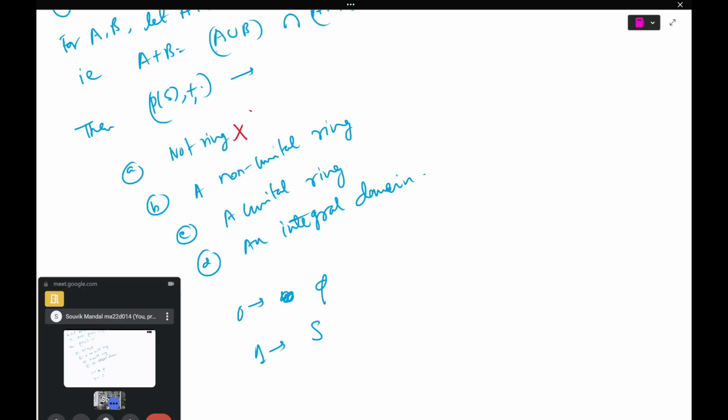So for integral domain we need to check whether it is one. No, because the intersection is also not.